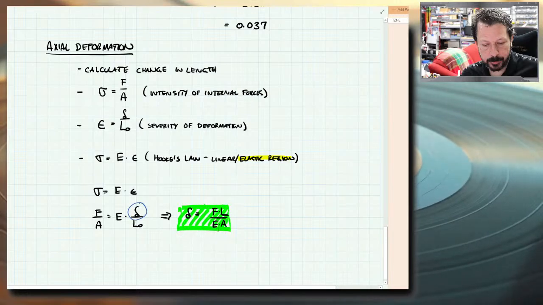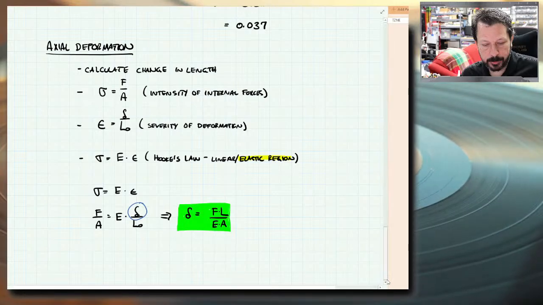So I need a constant force on a constant material, on a constant cross-sectional area, and I need to know the length of that area where all of this is constant. If it is not constant, then I'm going to have to break it up into little pieces where all of these values are constant and do them one at a time. And we'll do that in a second so you can see what I mean.